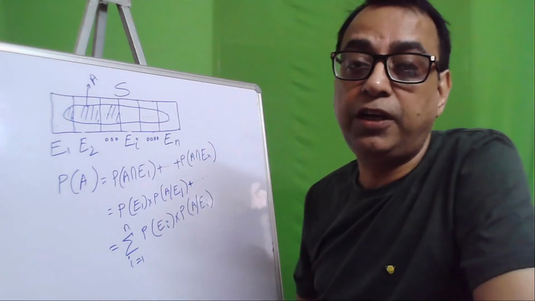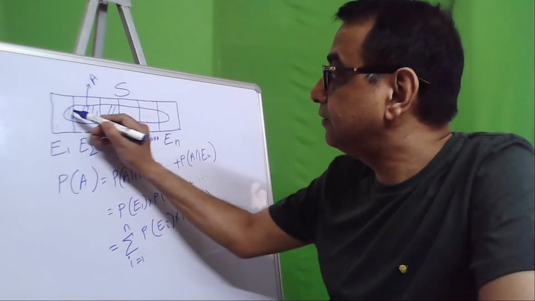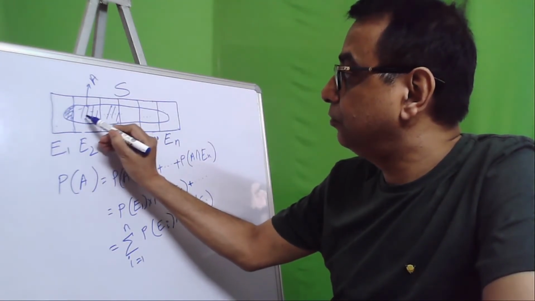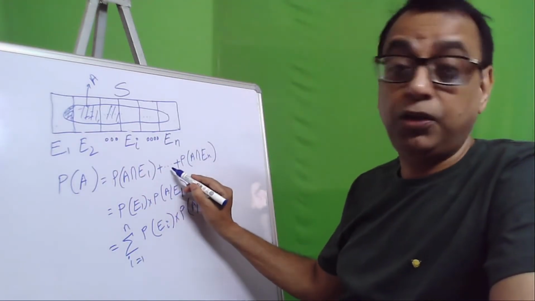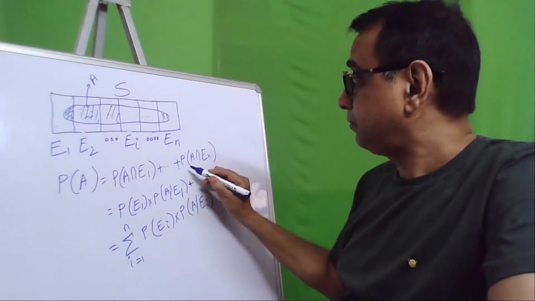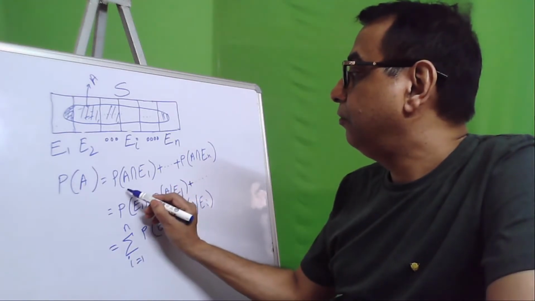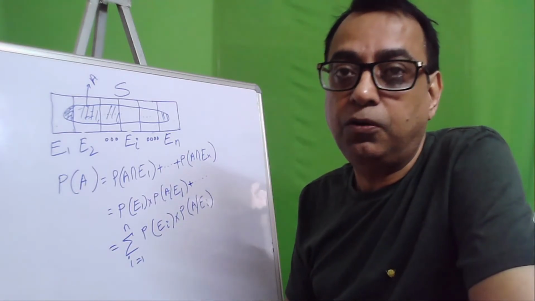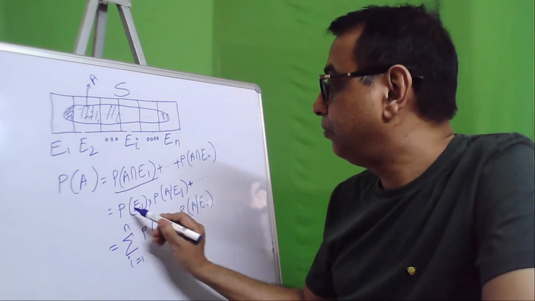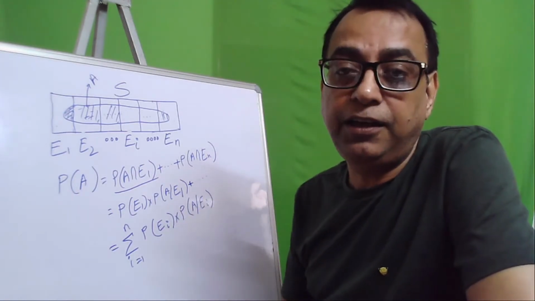Since these are mutually exclusive events, we can write probability A is equal to probability A intersection E1, that is this area, plus probability A intersection E2, this area. That way we add up all the areas, and ultimately the last one is the probability A intersection En. Now from the earlier one we have found that the probability A intersection E1 is given as probability E1 into probability A given E1.